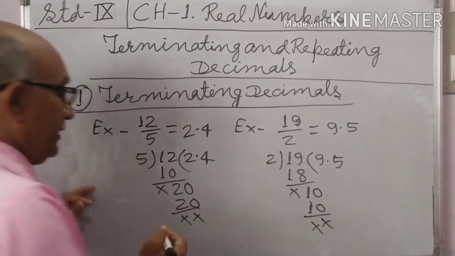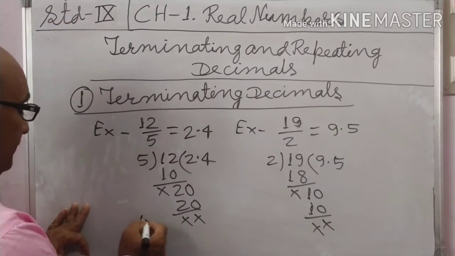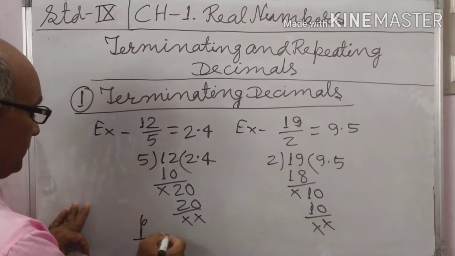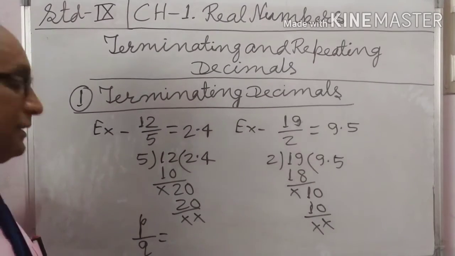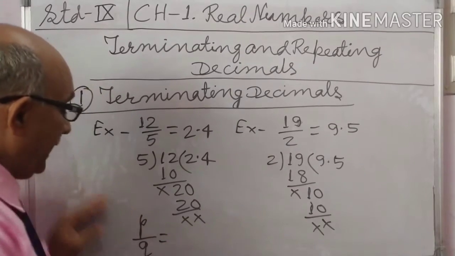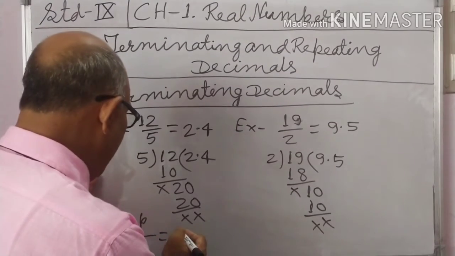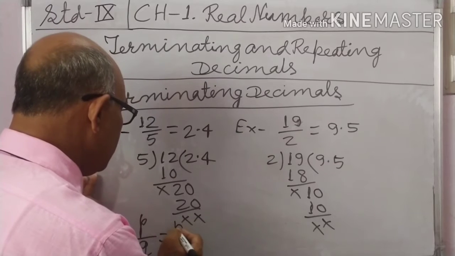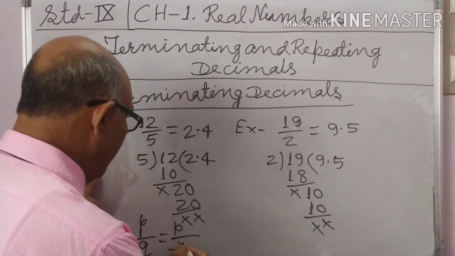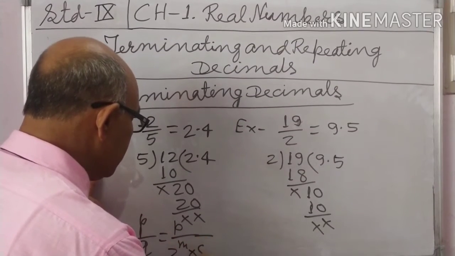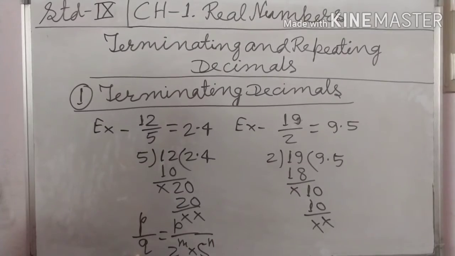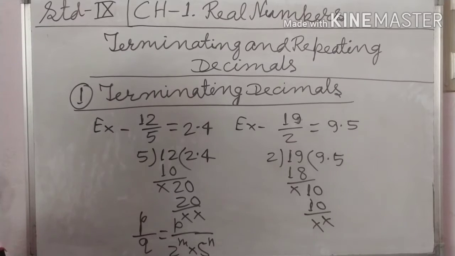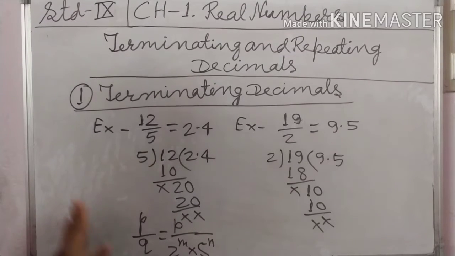Students, one thing to note here: a rational number p by q terminates if the factors of q are of the form 2 to the power m into 5 to the power n. The factors of q are 2 and 5 only.